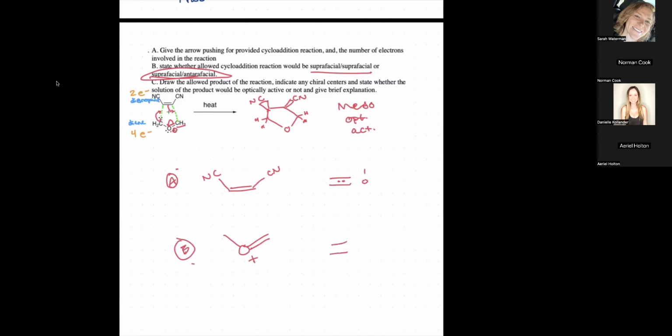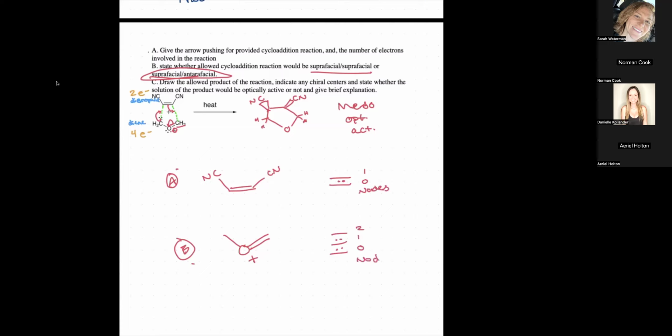Yep, 3. I know it feels a little bit confusing, right? But there is still like 3 that are happening, right? So, and then how many electrons are participating in this cycloaddition? 4. 1, 2, 3, 4. 0, 1, 2, right? These are just our nodes. I'm just doing our nodes.